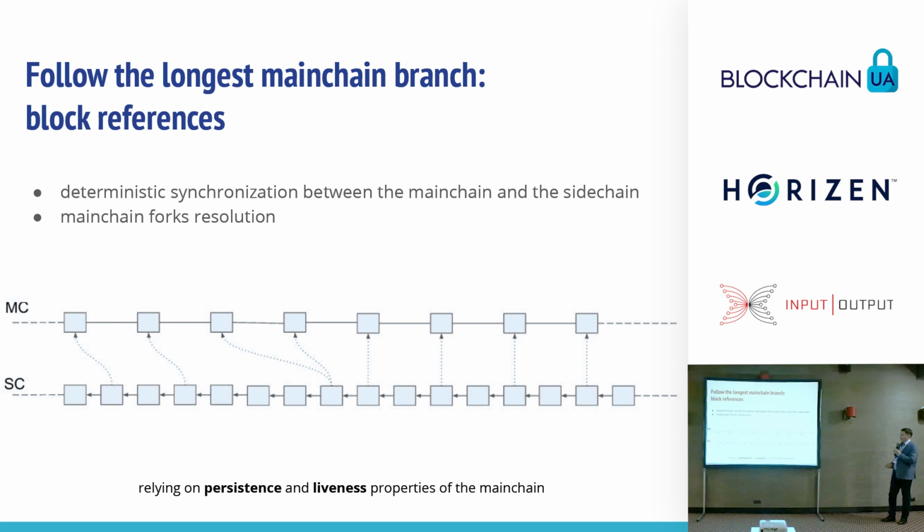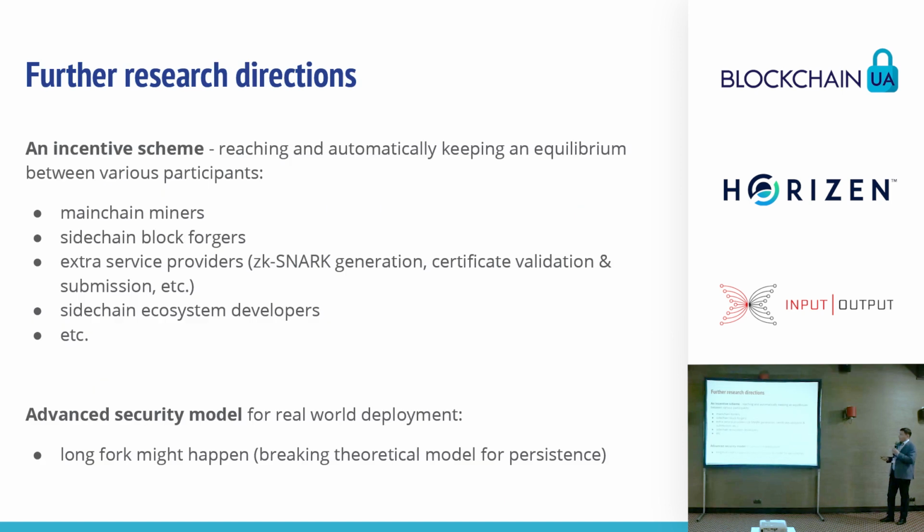And here we also rely on persistence and liveness properties of the main chain. So we provide security guarantees, but we provide security guarantees within the main chain. Of course, it's very hard, if even possible, to make a sidechain more secure than the main chain. Okay, those are the main ideas.